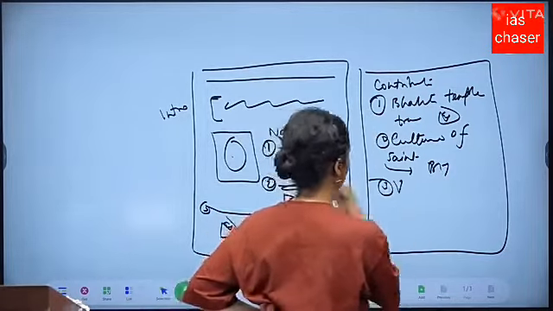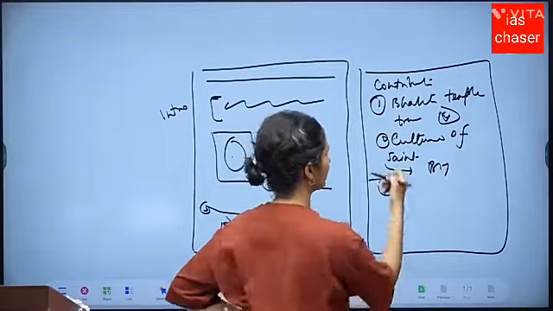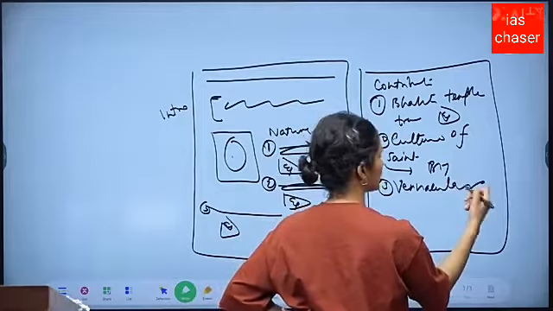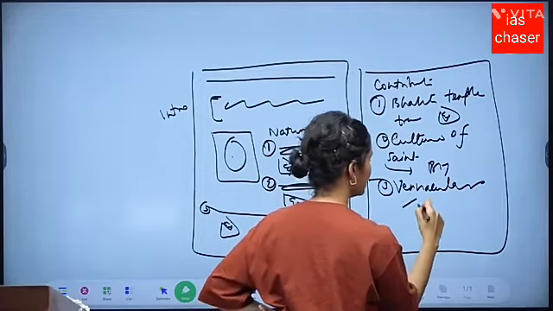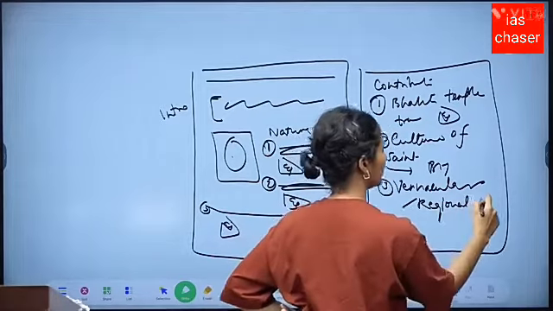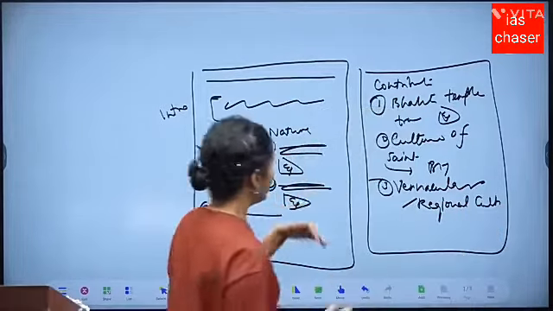Then say in terms of vernacular, so we talked about the role of vernacular. So contribution can be development of vernacular languages across India and development of regional cultures overall. So the Bhakti tradition would lead to development of regional culture.